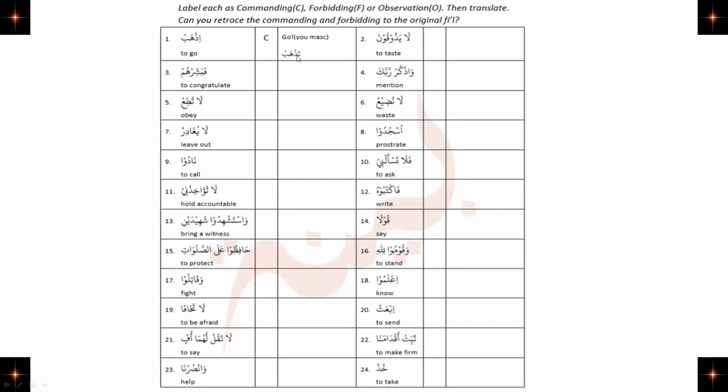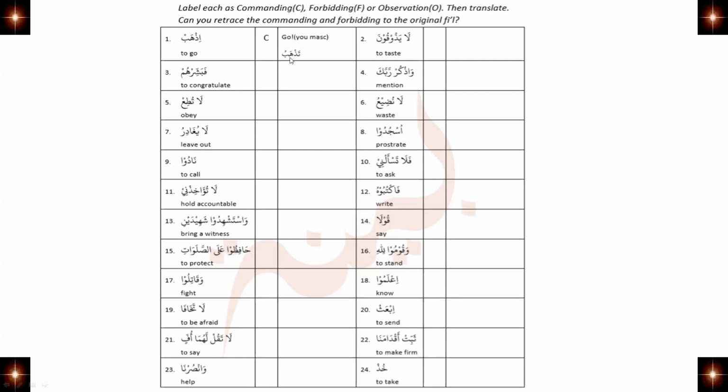Tazhabu. So this one takes you back to, it says translate, then you translate it when you have identified the C, F or O. And you can also retrace the commanding or forbidding to the original fi'l, because the original is the normal fi'l mudari. That is tazhabu.